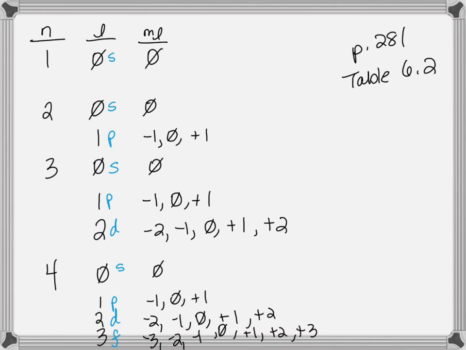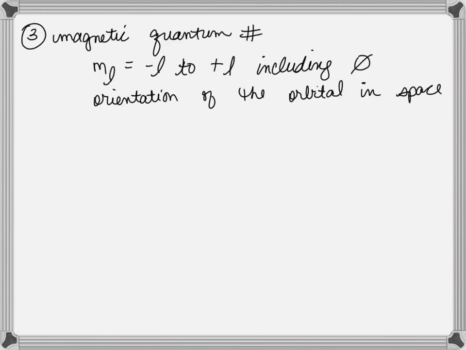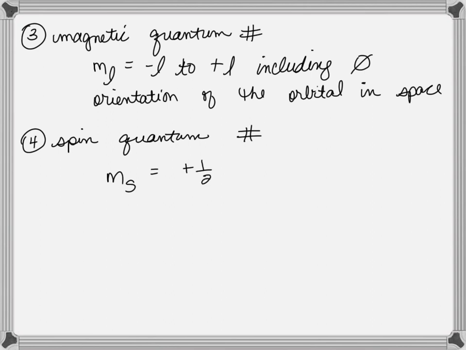Now, from here, we did the magnetic quantum number. What's the 4th quantum number? The spin quantum number. The spin quantum number is labeled MS, and it can be +1/2 or -1/2. This one's easy. There's no 0s and 2s and -1s.